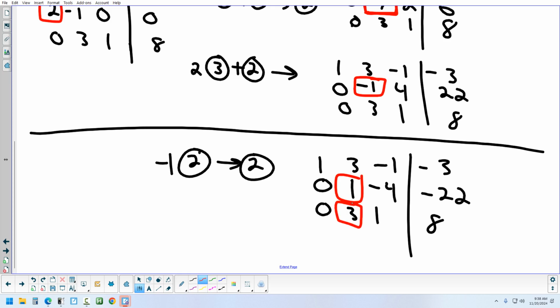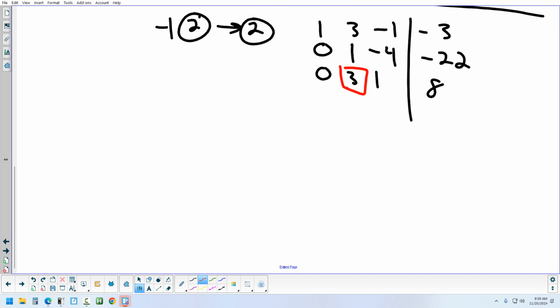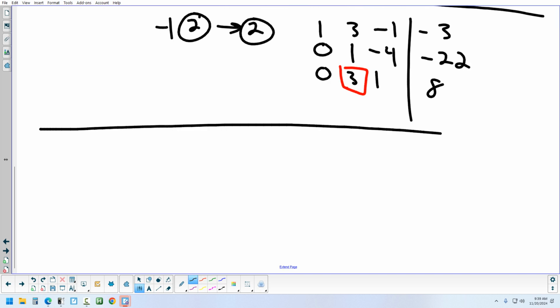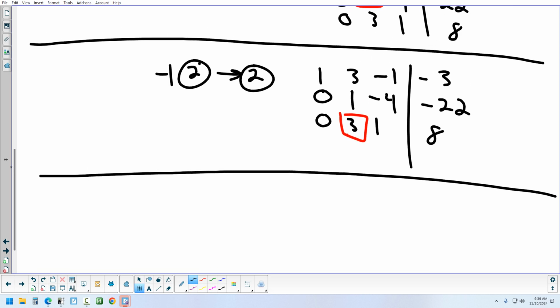there. All right, so now, can you add row 2 and 3 together to make what's in the red box a 0? No. Nope, then we have to multiply row 2 by something first. Okay. What could we multiply row 2 by? Negative 3. Yep.